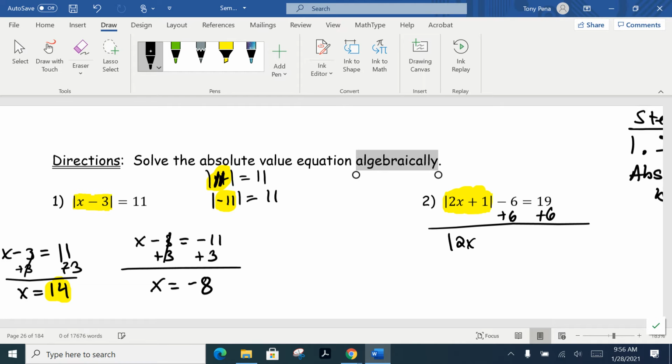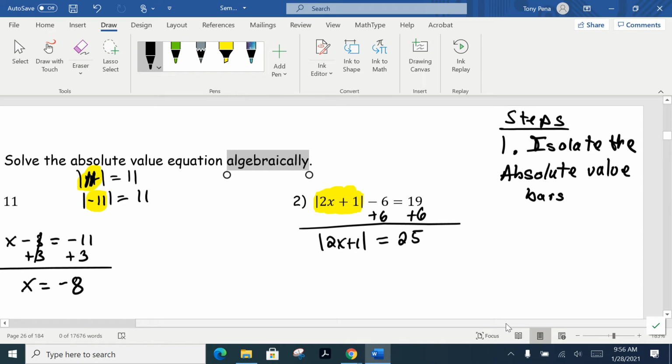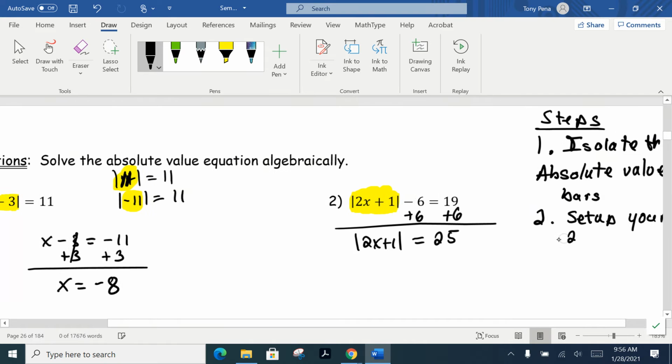Then you have your absolute value bars set equal to 25. Then it's at that step that you're going to set up your 2 different equations.